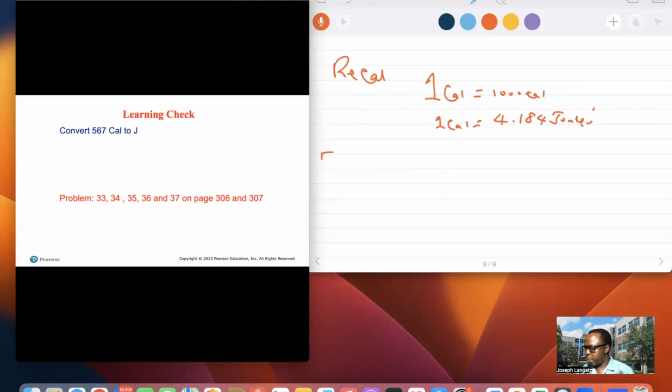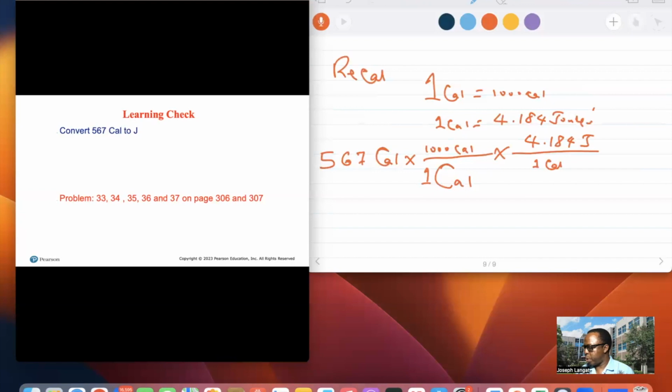So we need to convert the Calorie, the big one. You set up your equation: 567 uppercase Calorie. I want to get rid of uppercase Calorie like that, and then I'll end up with lowercase calories. I need 1,000 here for every one. This was given in the previous slide. Times, now we want to change to joules: 1 lowercase calorie equals 4.184 joules.